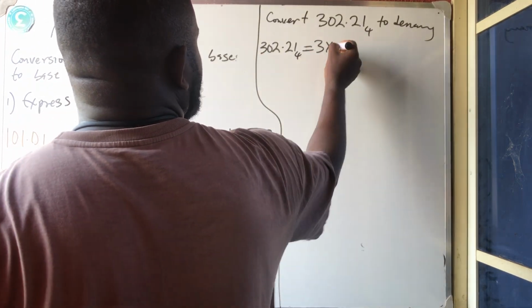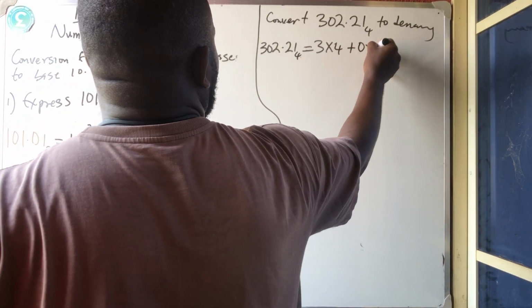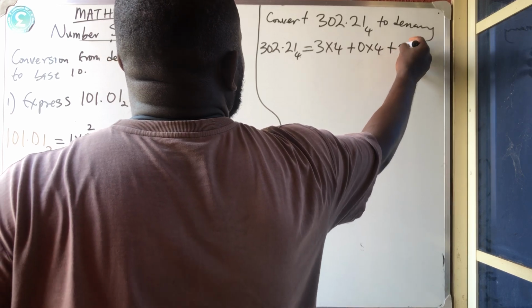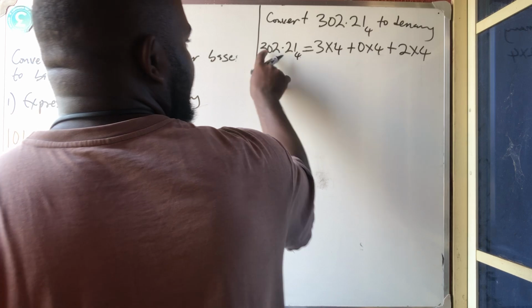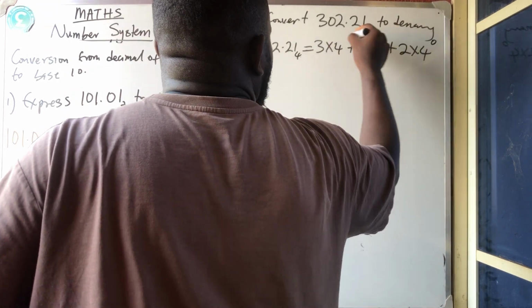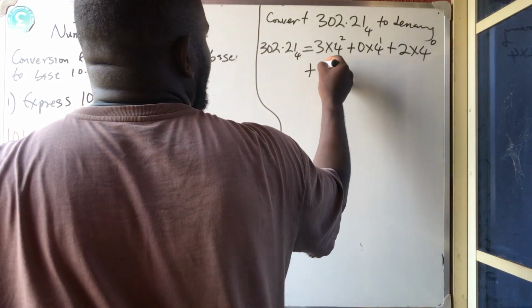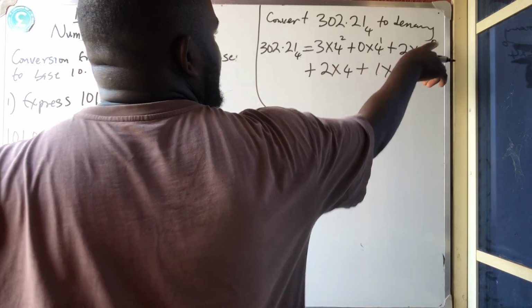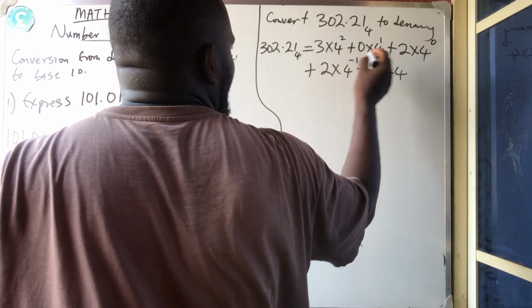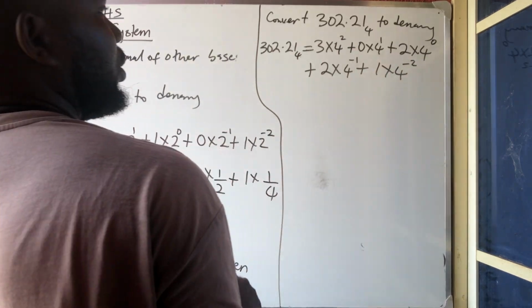So I'll have 3 times 4 plus 0 times 4 plus 2 times 4. That is where the whole number part stopped. So you say 0, 1, and 2 before you continue. Plus 2 times 4 plus 1 times 4. So since I have 0, the next I'll have is minus 1. The next I'll have is minus 2. Okay, you are done.